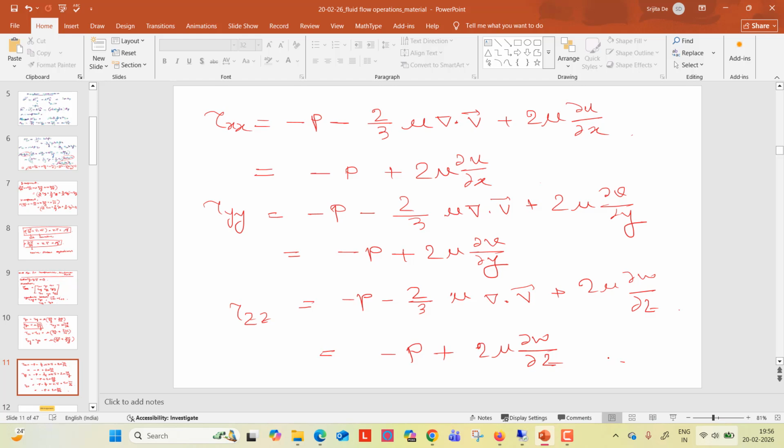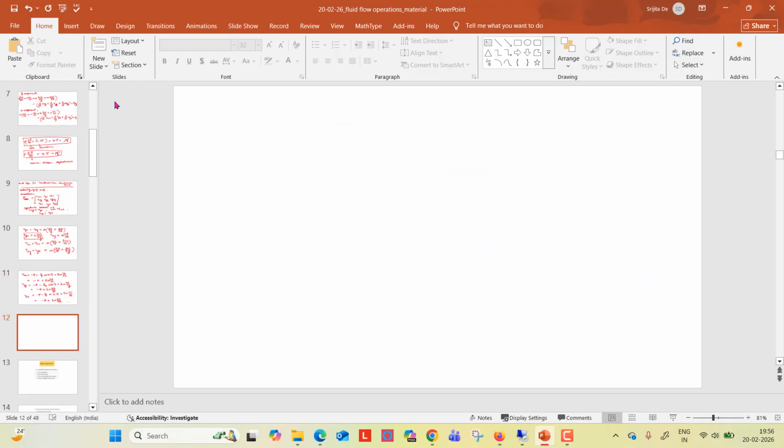So now if we just take out the stress component and see what terms are coming, it is del del x of tau xx. If we are considering only the x directional stress component, del del x of tau xx, del del y of tau yx plus del del z of tau zx. How is it coming?